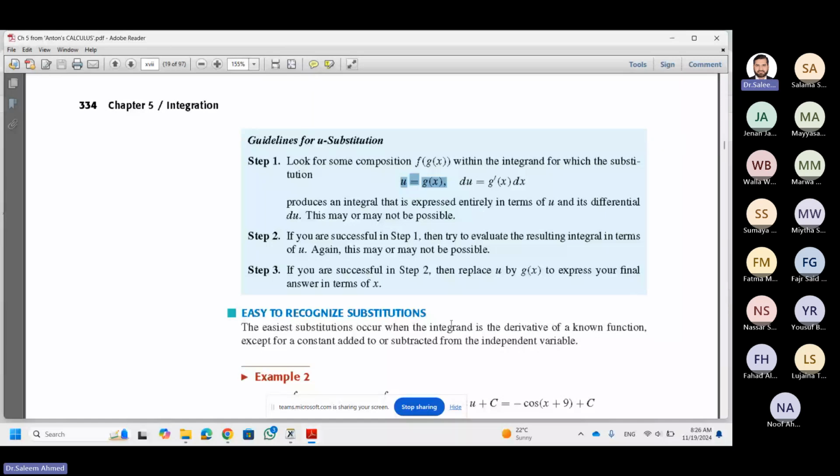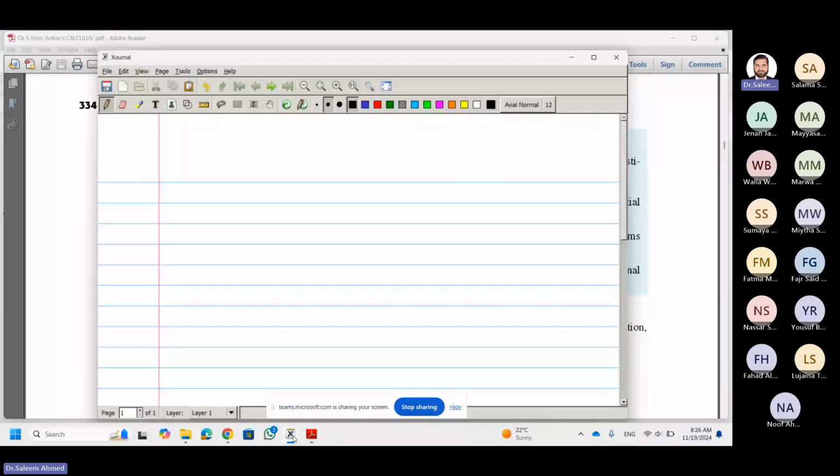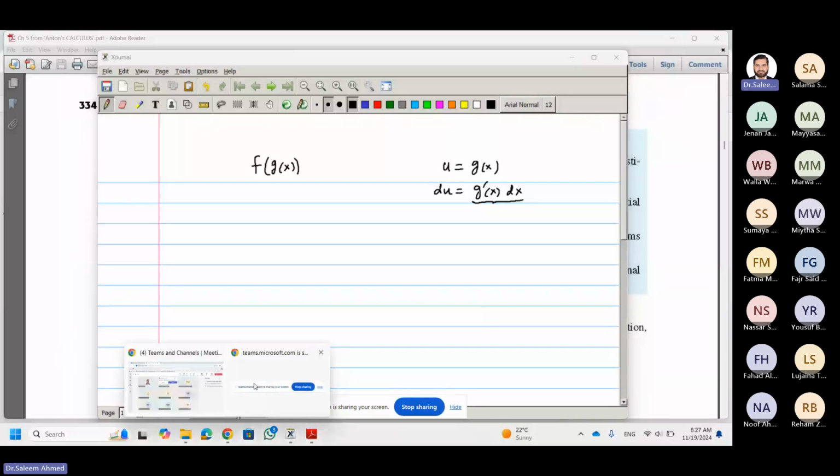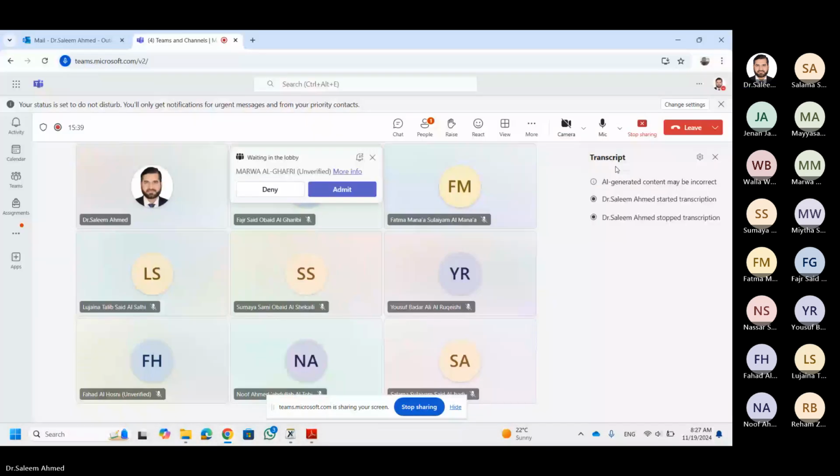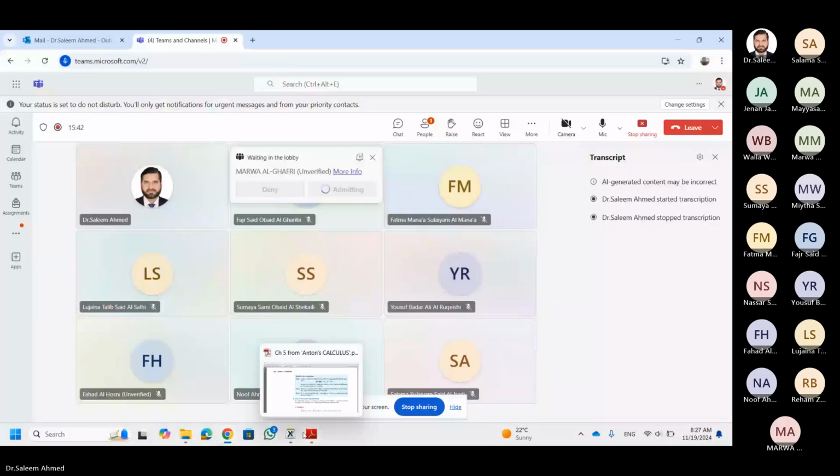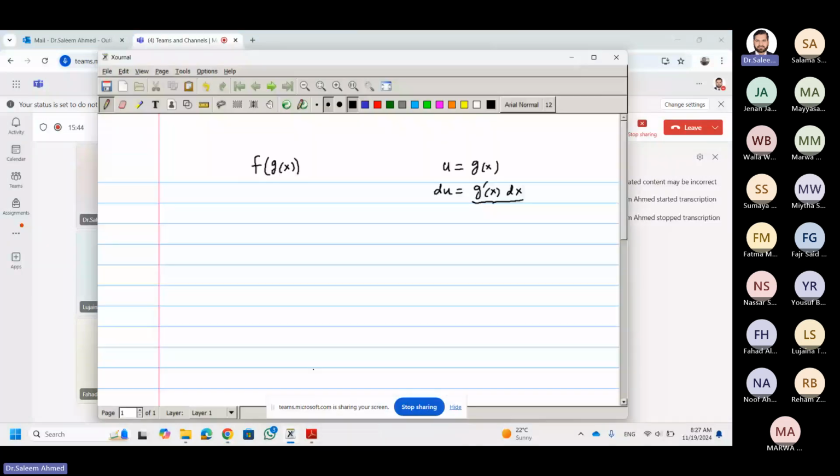So basically, we look for some composition function f of g(x), because if I take u as g(x), then the differential of u can be written as the derivative of g(x) with the differential of x. So it means I need g prime of x with dx.